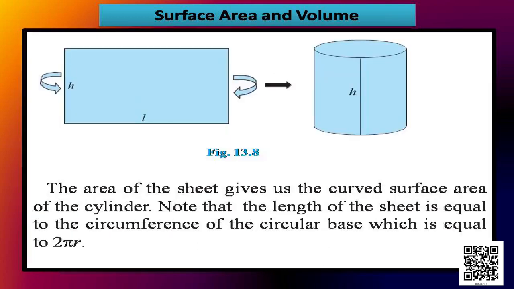Students, the area of the sheet gives us the curved surface area of the cylinder. Note that the length of the sheet is equal to the circumference of the circular base, which is equal to 2 pi r. See, just observe figure 13.8.